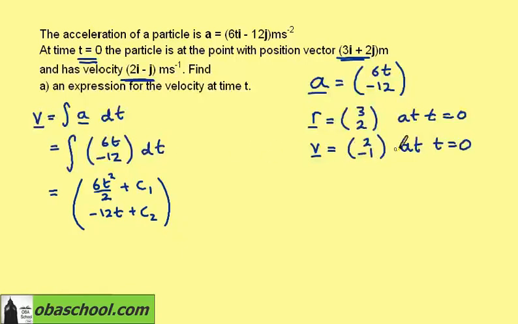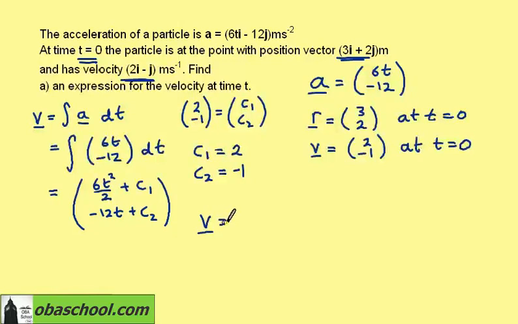So, velocity is (2, -1) when t equals 0. So (2, -1) is going to be, this will be 0, just leaving us with c1. This will be 0, just leaving us with c2. So we can see that c1 equals 2 and c2 is minus 1.